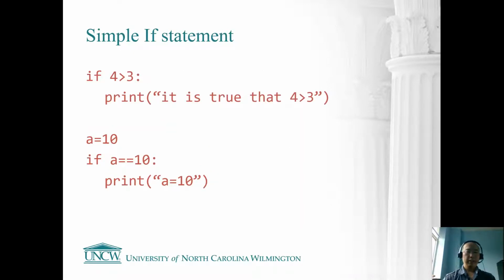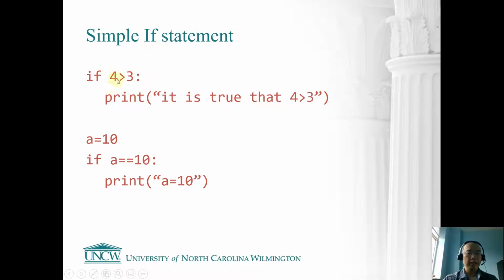Okay, let's see the first example. If 4 is greater than 3, we are going to print "it is true that 4 is greater than 3". So we have if and then a Boolean expression, and if this Boolean expression is true, which in this case it is, then we are going to print this one. And don't forget the colon, okay? If this condition is not true, what are we going to do?